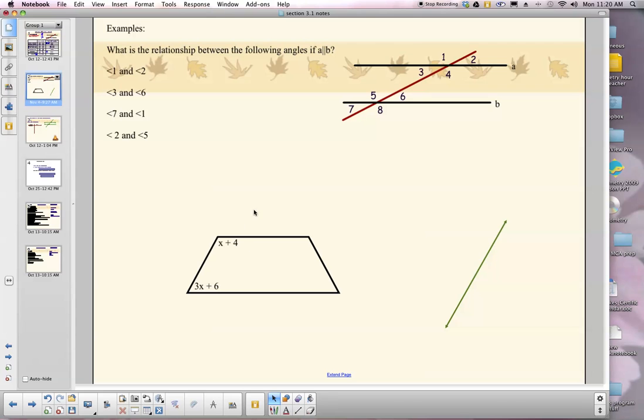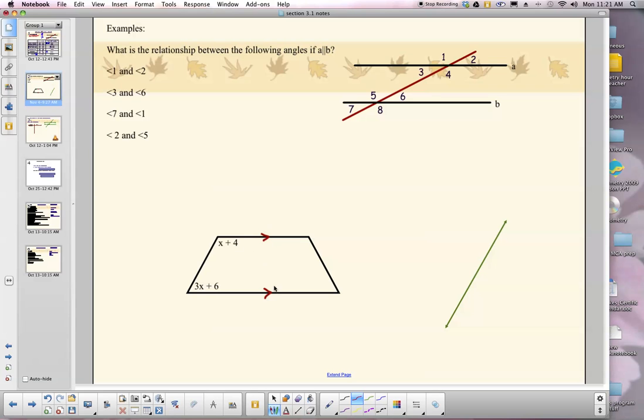Okay. One real-time place that you might see these, other than just lines cut by a transversal, is, for example, inside this quadrilateral. This happens to be a trapezoid, which tells me that this line and this line are parallel. We use arrows to show that lines are parallel. So if you see those, that means those lines are parallel.